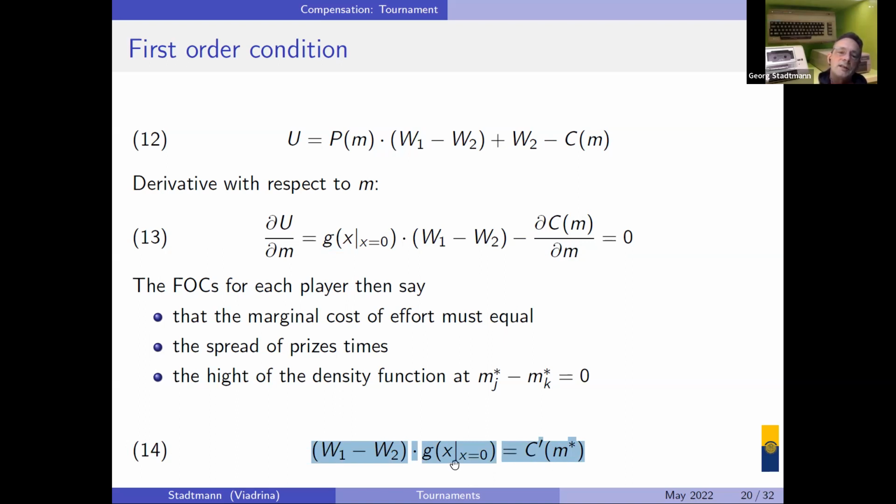So the marginal cost of effort must be equal to the spread W1 minus W2 times the height of the density function of this probability function. At x equal to 0, only the height of this density function plays a role.